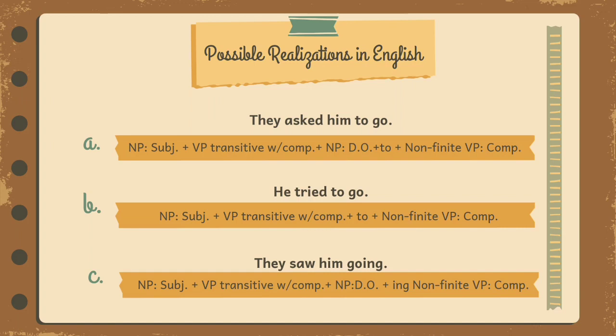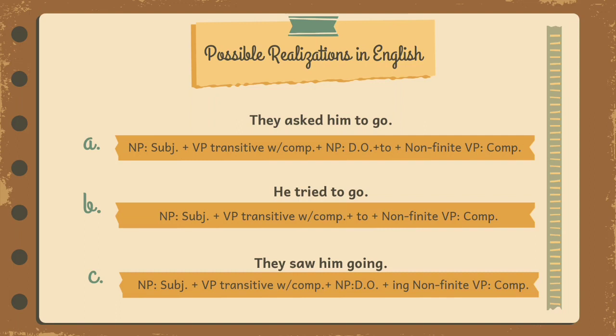In English, we have a total of 9 possible realizations, which we are going to list from letters A to I as follows. A. "They asked him to go." NP stands for noun phrase, in this case, noun phrase which includes pronouns as subject. Asked as VP, which means verb phrase, transitive with complement.